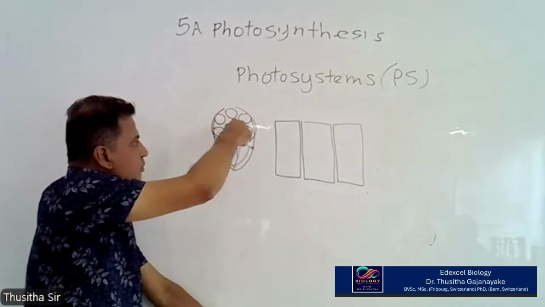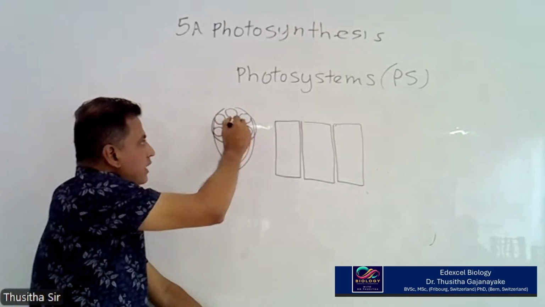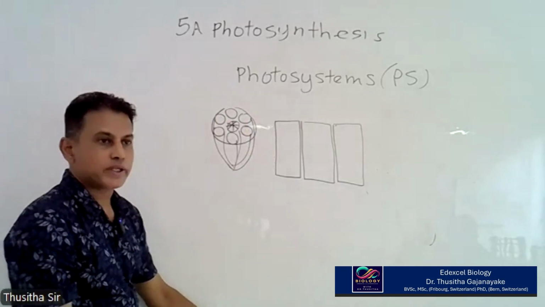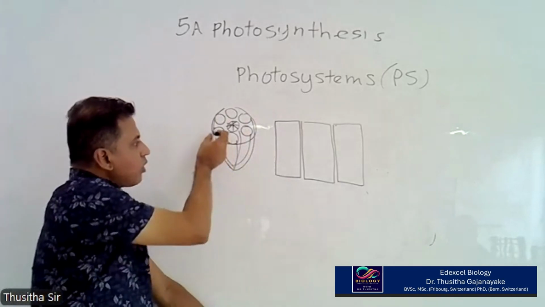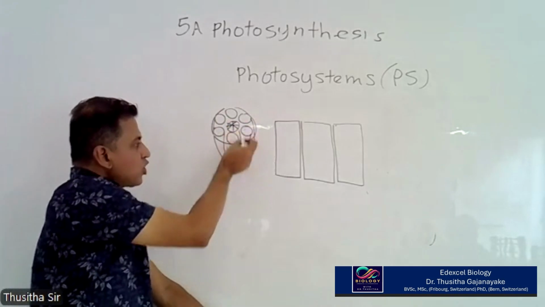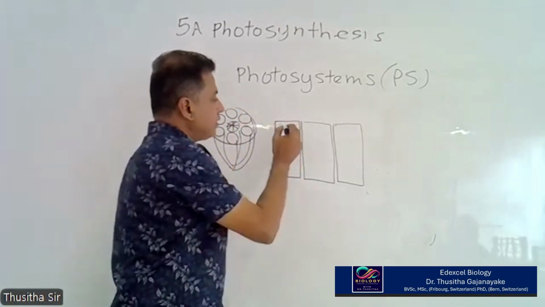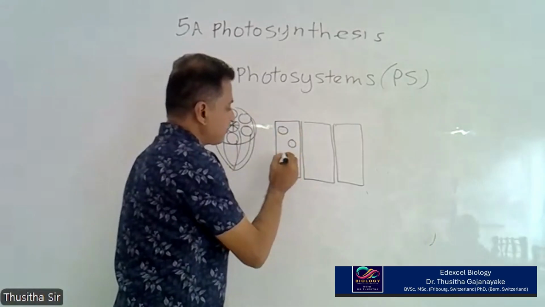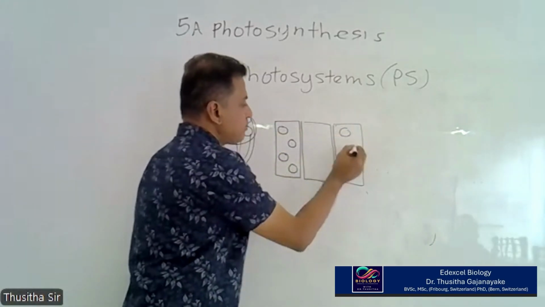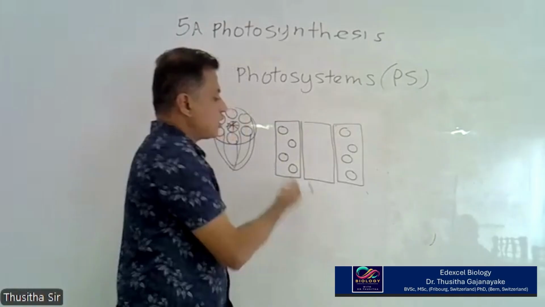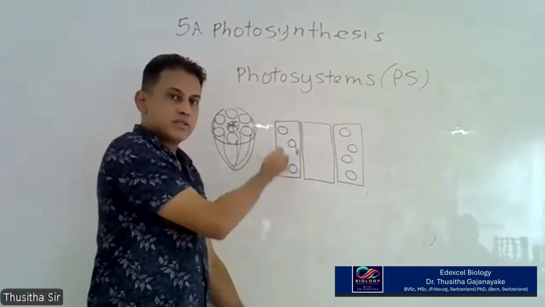They have different components, and in the middle they have one component. So I am showing one component and the middle component. Here we have pigments and also pigments here. These pigments are accessory pigments.